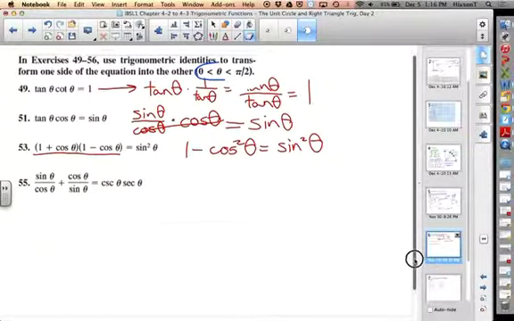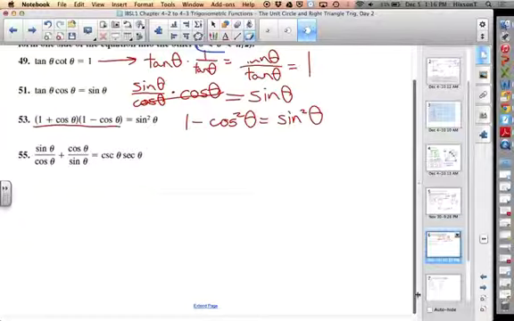This last one is a little bit more challenging. So we've got some fractions involved, and we've got to take these two fractions added together and get it to somehow equal cosecant theta times secant theta. Does anyone have a thought how we might go about it? Alex, what do you think? I haven't gotten the whole way through, but sine over cosine, that would be tangent plus cotangent.